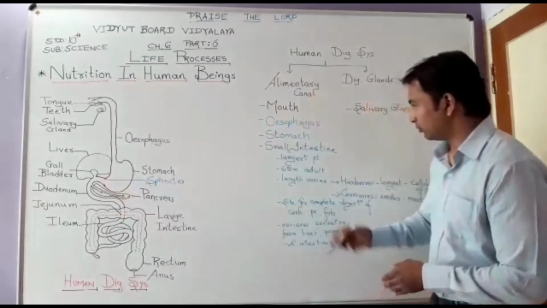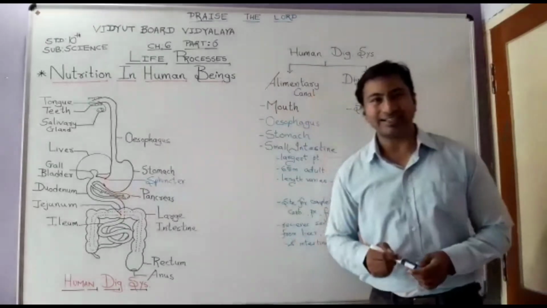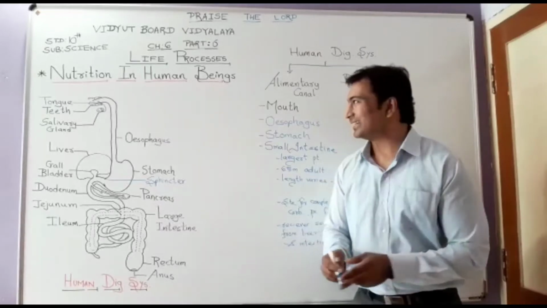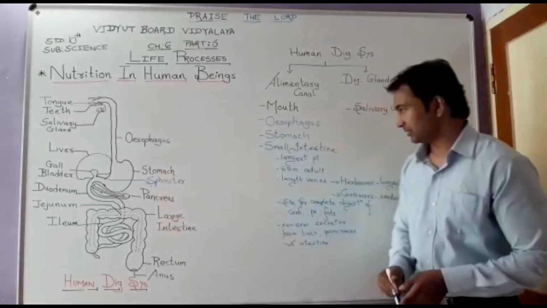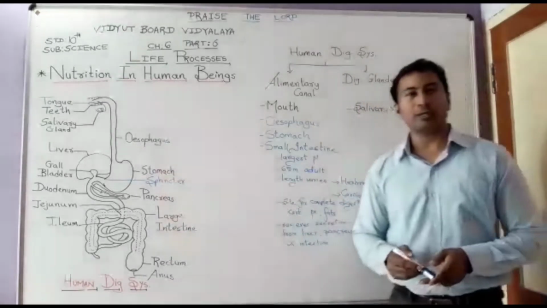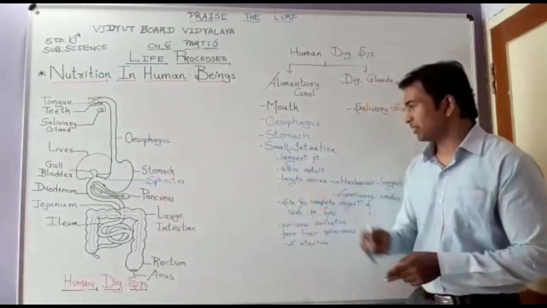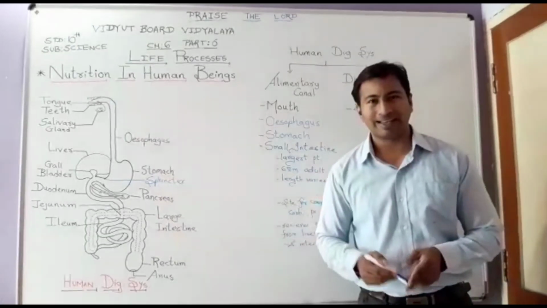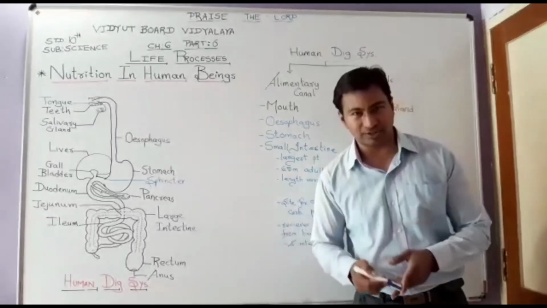Now, the small intestine is the largest part of the entire alimentary canal, and in an adult human being, it is around 6.5 meters long. The length has a lot of variations.